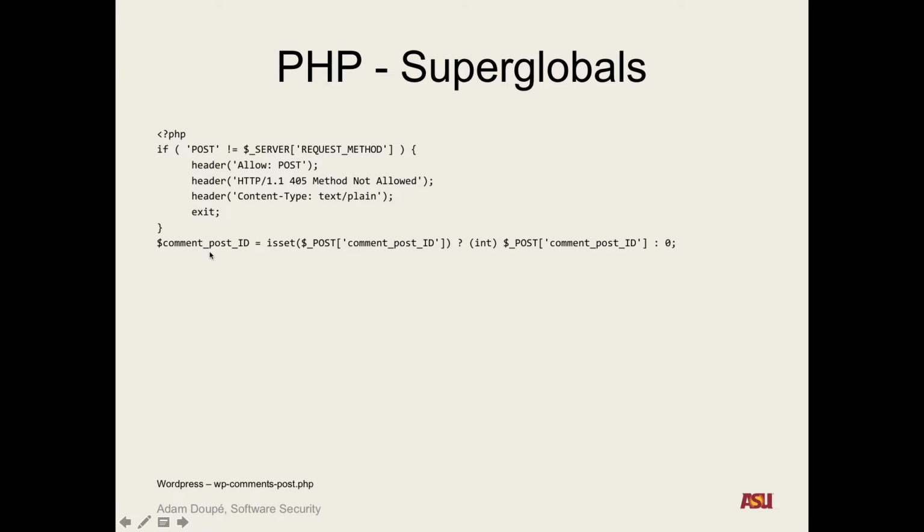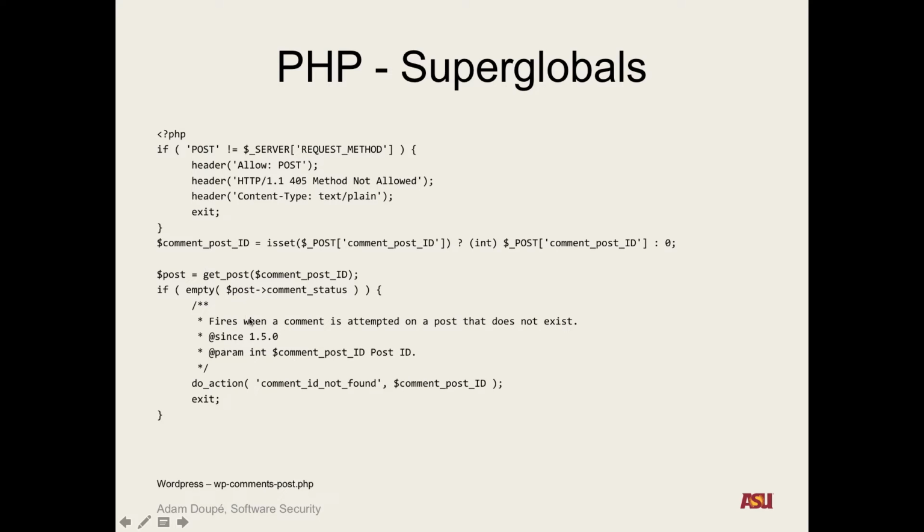Otherwise, it sets up this variable comment post ID from $_POST, the comment post ID key value that was sent through POST. It will interpret that as an integer if it's set, otherwise it'll set it to 0. It's going to get the post based on that. It's going to check if the comment status of that post is empty, then it's going to do some action, and this is some callback that's going to do who knows what, because WordPress is very strange. It's supposed to be very extensible.